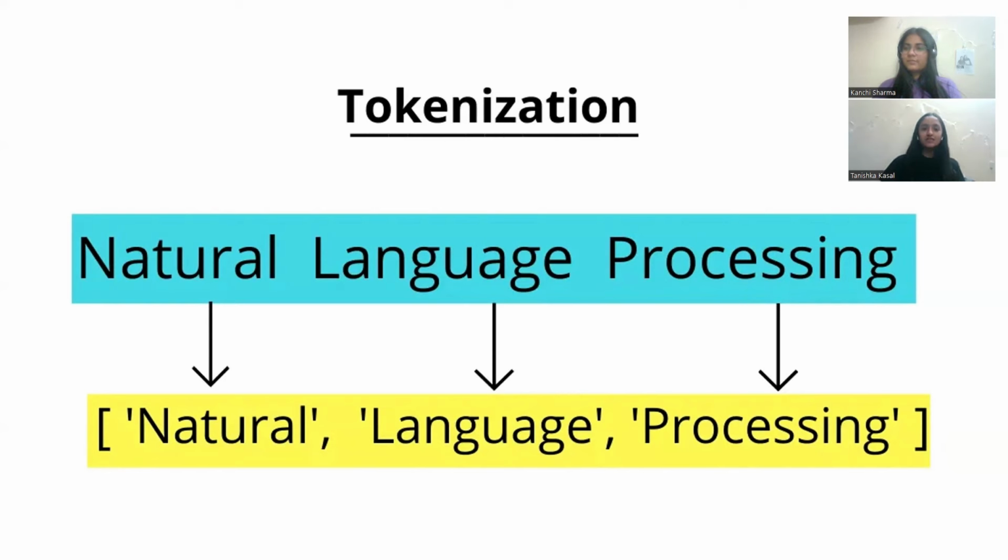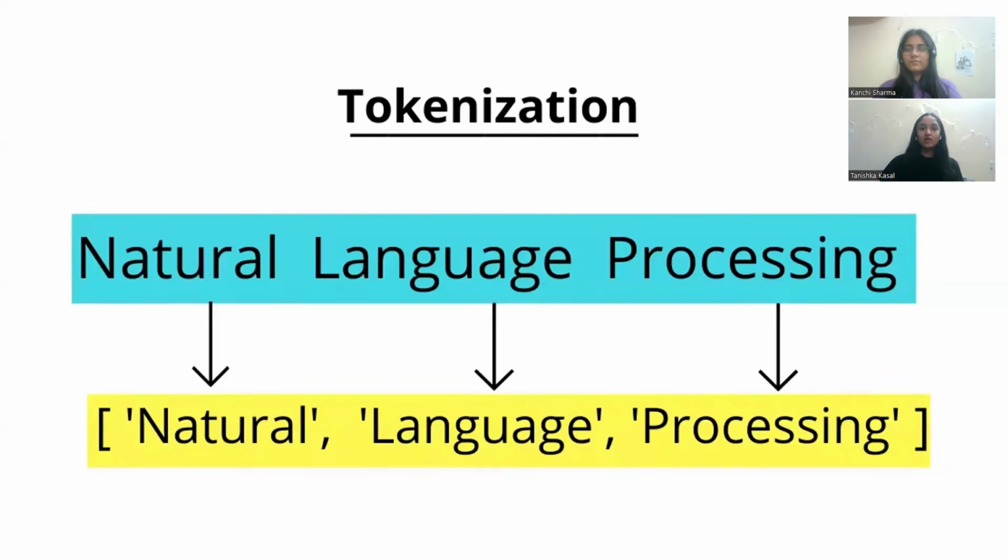Let us now talk about some use cases of tokenization. First is search engines. When you write a query into a search engine like Google, it employs tokenization to dissect your text. This breakdown helps the engine sift through billions of documents to present you with the most relevant results.